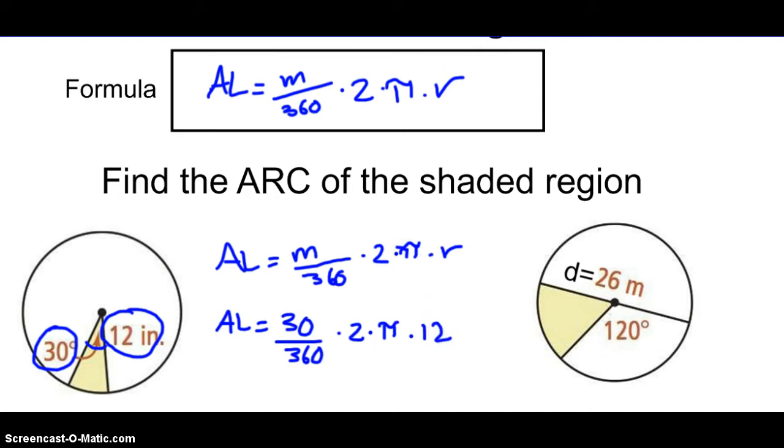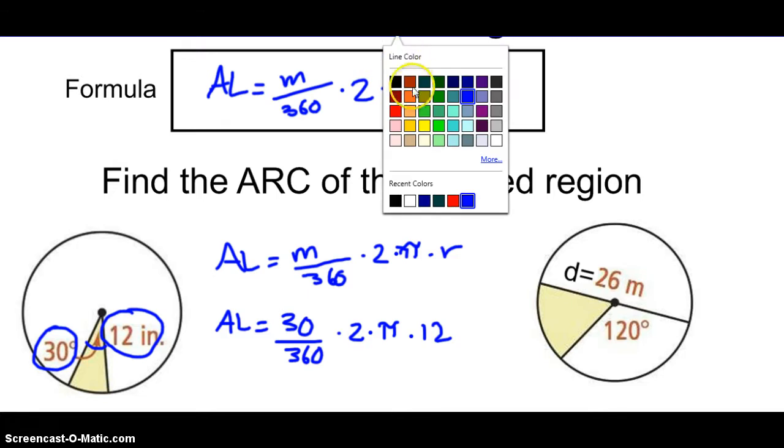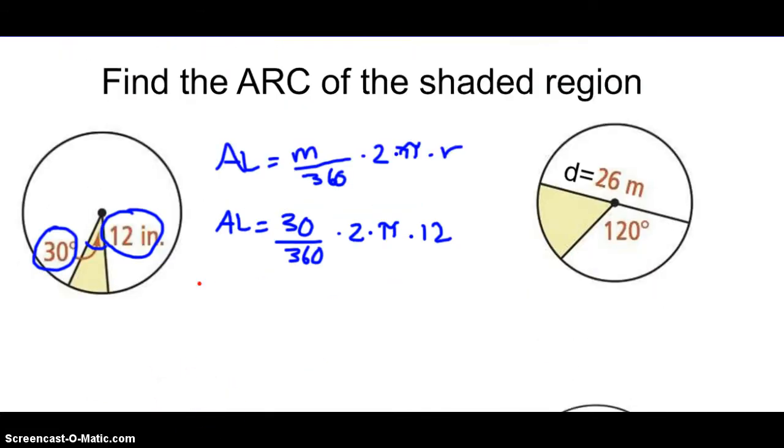Now, I'm not sure if you remember this, but when we did these earlier, what you'd have to do is just take your calculator and multiply the numbers together. So multiply 30 over 360 times 2 times 12. All right? Just put it in the calculator. When you do that correctly, you should get the arc length equals 2.